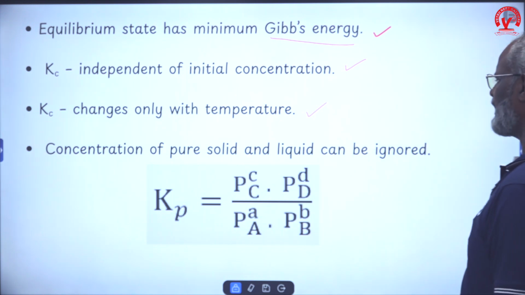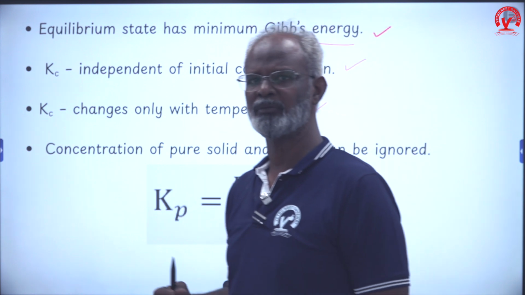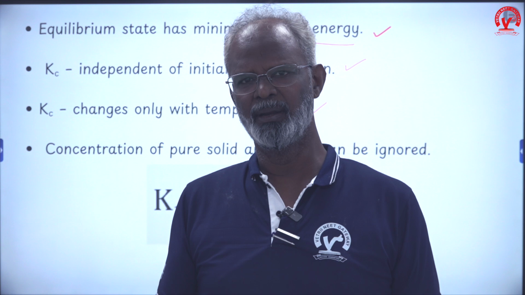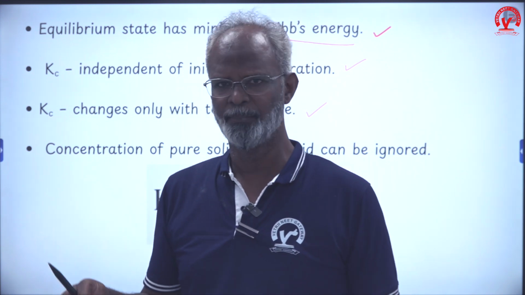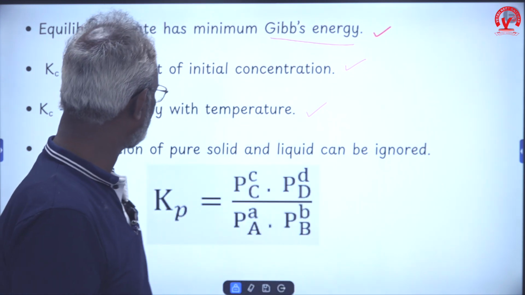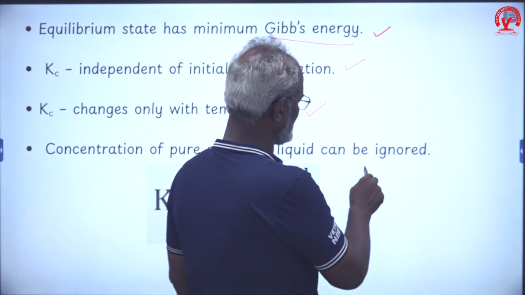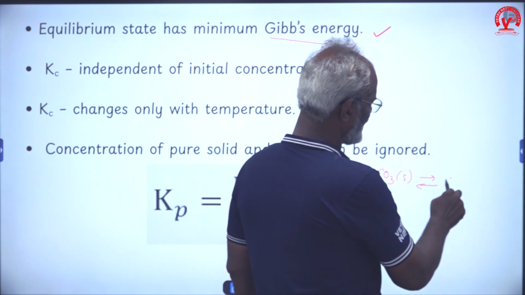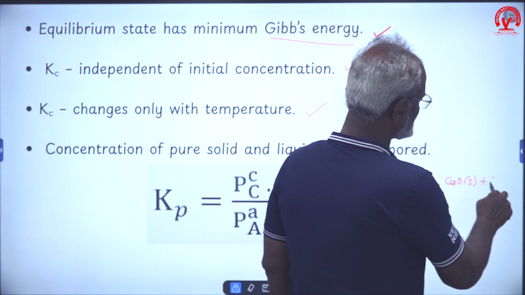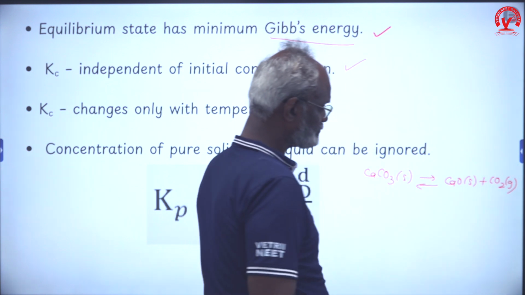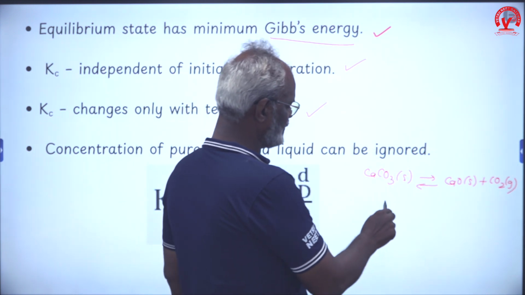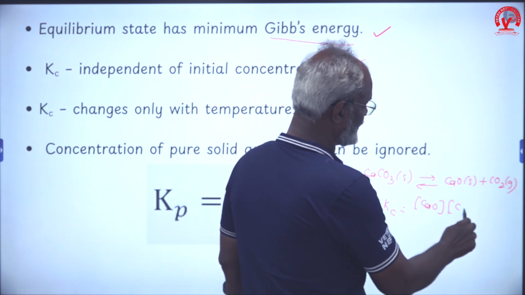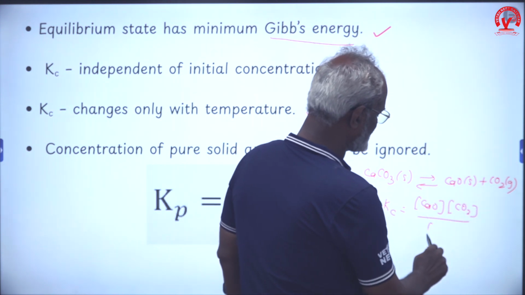As we are discussing the concentration of reactants and products, if you take a pure solid or a pure liquid, it can be ignored in the equilibrium expression. For example, take calcium carbonate, solid, reversibly giving calcium oxide, solid, plus carbon dioxide, gas. Writing Kc would have calcium oxide and the product on the numerator and the reactant calcium carbonate on the denominator.